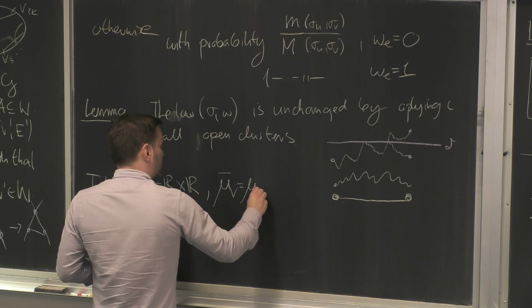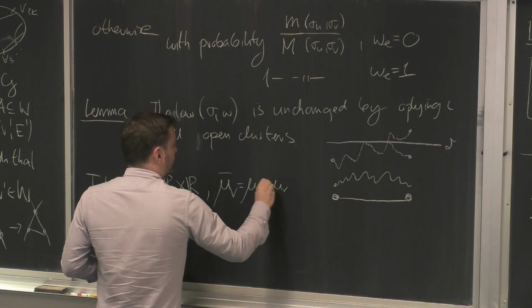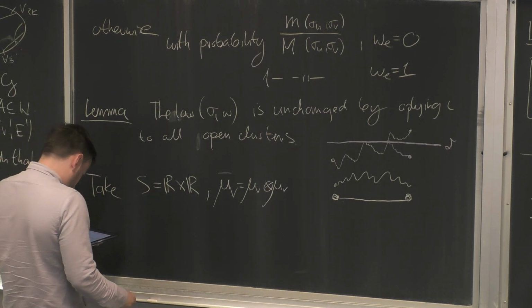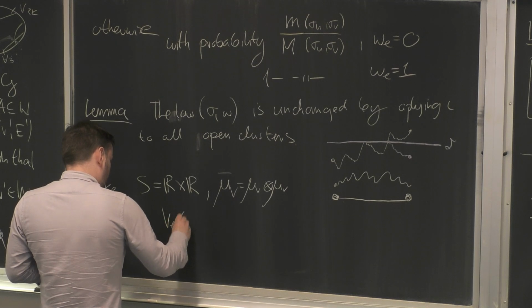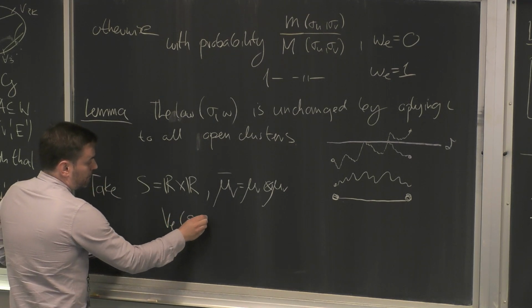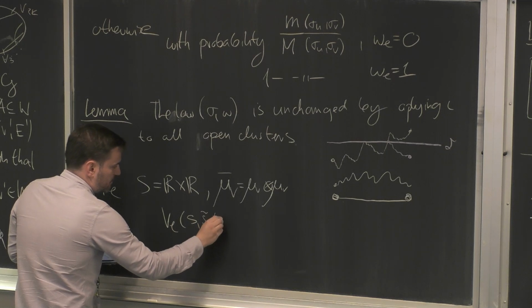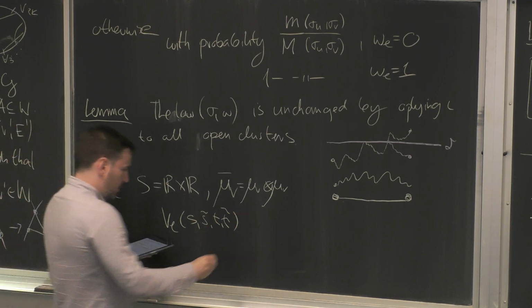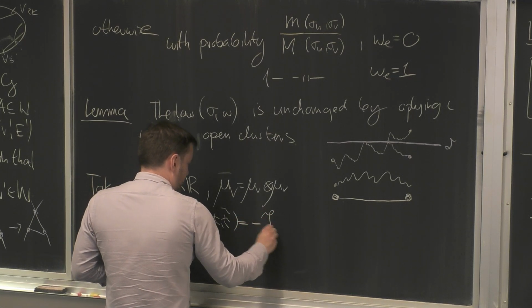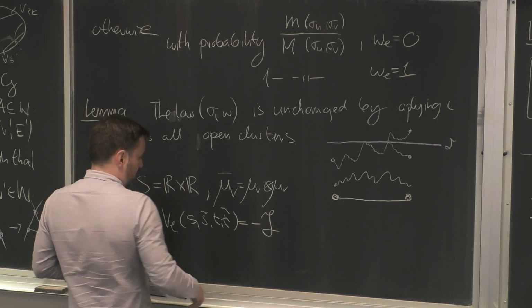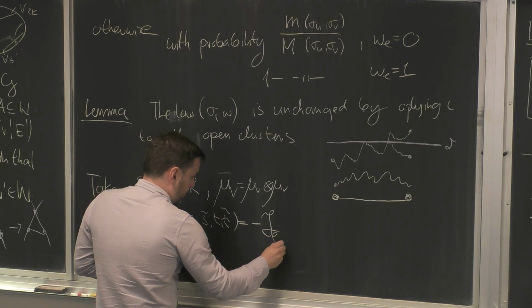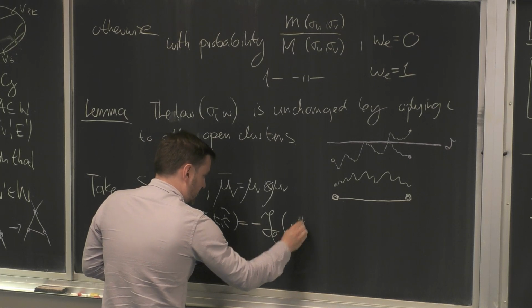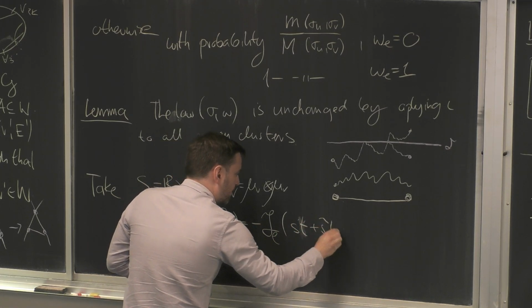This is just the product measure. And the potential is just the sum of potentials. So V_E of S bar and T bar at an edge. I have two copies of every variable. So I say that this is minus, because in the definition there is a minus before the potential, the sum of ST plus S tilde T tilde.